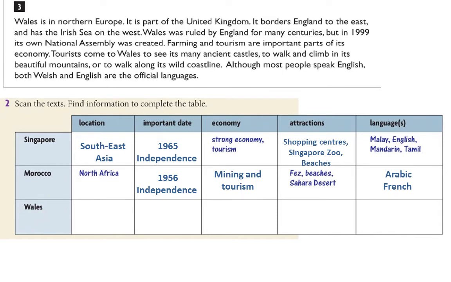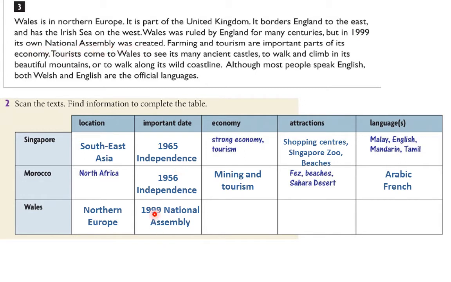Paragraph 3 is about Wales, and the location of Wales is mentioned in the first sentence. Wales is in Northern Europe, so we can say Northern Europe. Regarding the date, we can see a date here, 1999. In 1999, its own National Assembly was created.